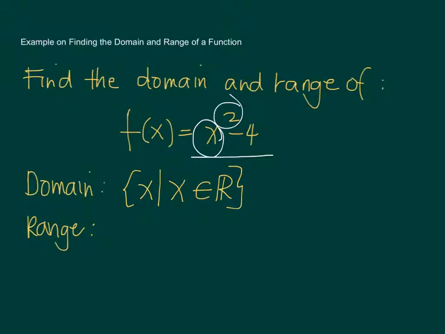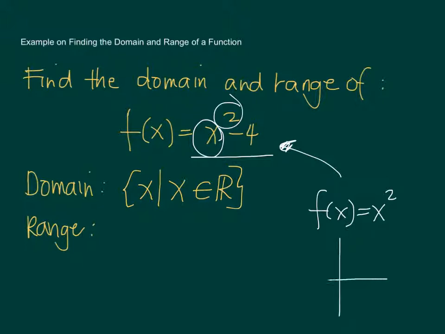If f of x is equal to x squared minus 4, the basic function where this came from is f of x equals x squared. It is so basic that most people know the graph of x squared.